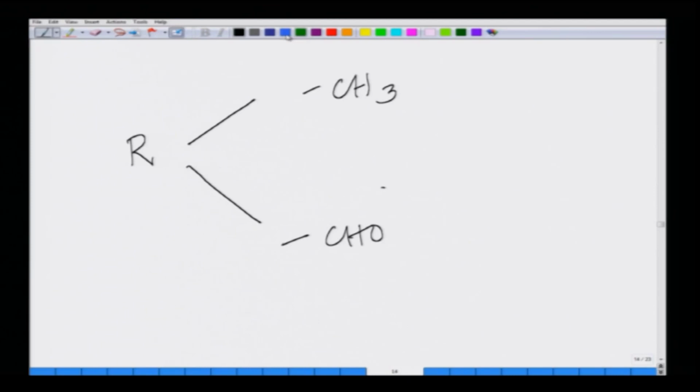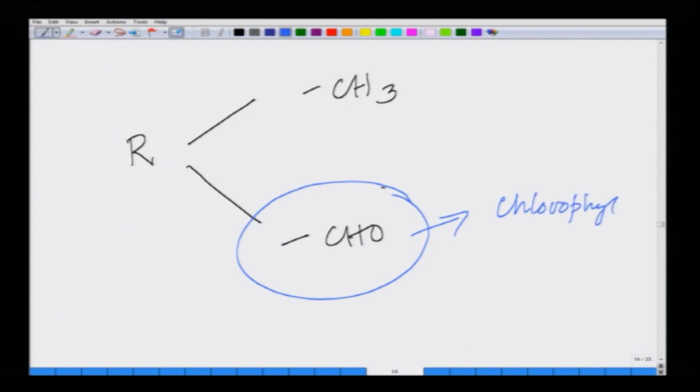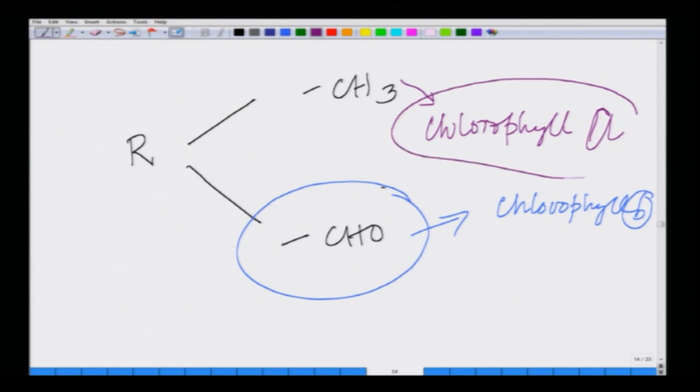If it is a CHO group, then this is called chlorophyll B, and if it is a methyl group, this is called chlorophyll A. This is the basic difference between chlorophyll A and chlorophyll B.